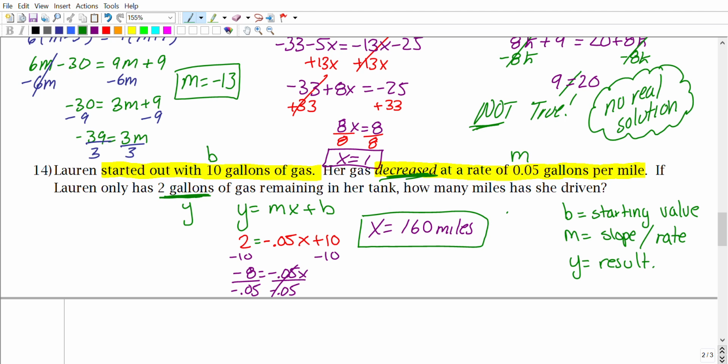Okay, so in this case, our x was number of miles, and this y was gas remaining.